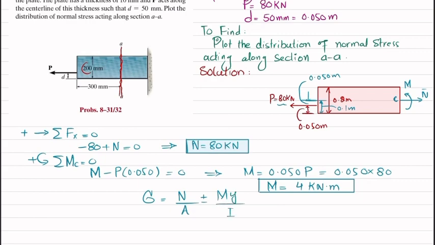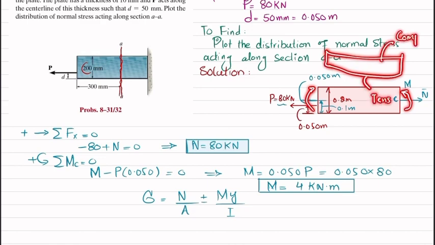Now you can see that due to this moment M, it will bend like this. So the lower portion will be in tension while the upper portion will be in compression.